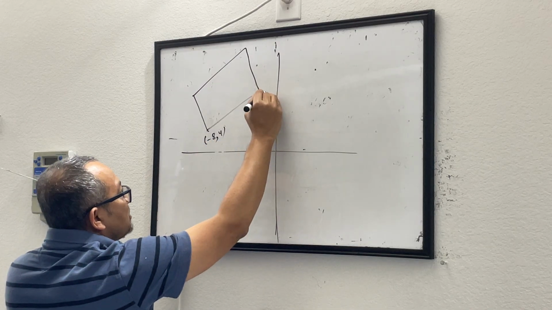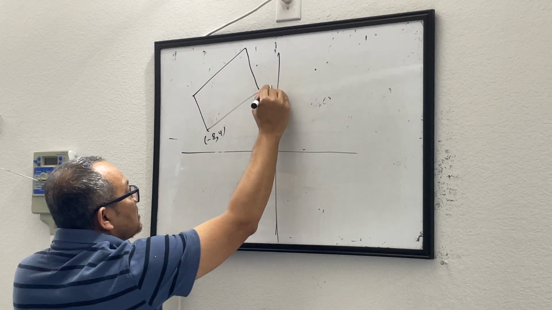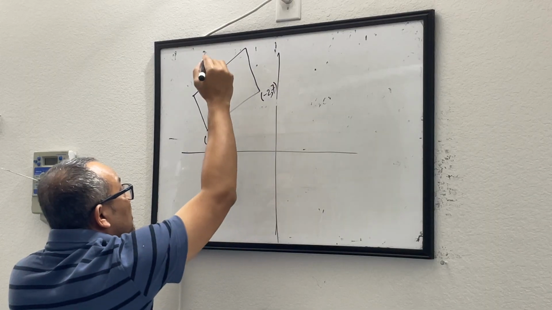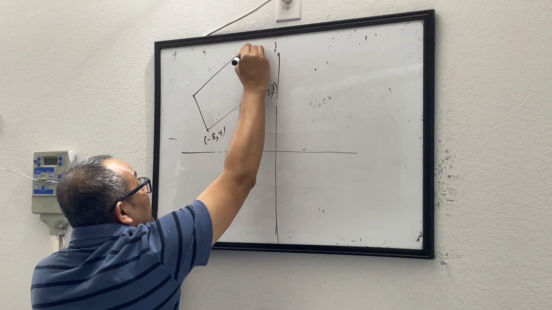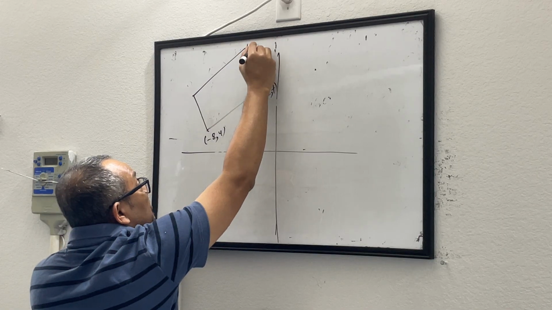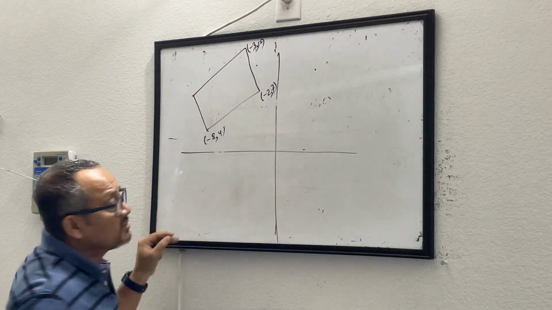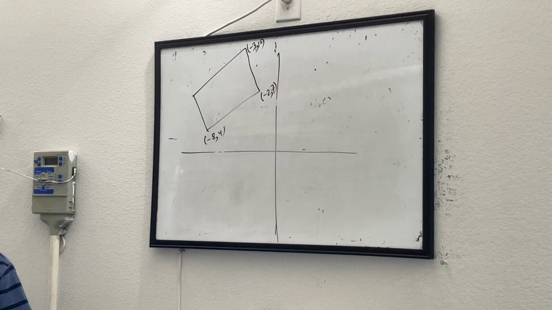This coordinate is minus 2 comma 7, and this coordinate is minus 3 comma 12. I'm saying it's a rectangle. Can you guys find out the area for this guy?